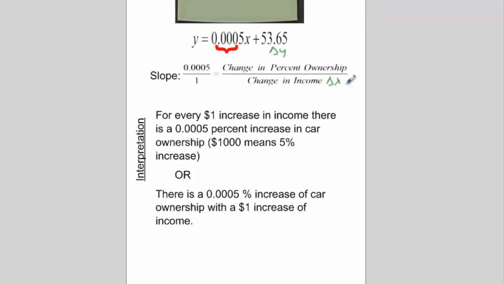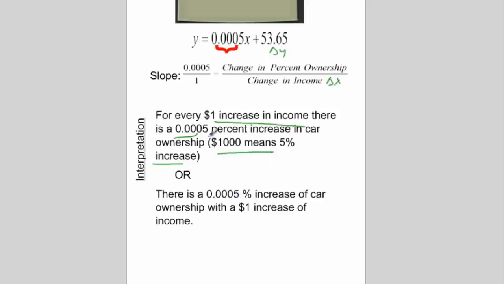Now with statistics, again, it's interpretive. So the way that you interpret the data is really, really important in how someone understands what you're saying. So making a choice to report it this way might be a little bit better than to report it the way that it shows up on your equation here.